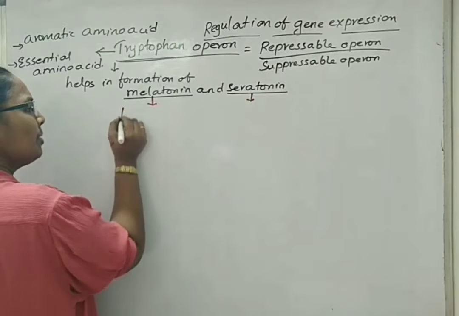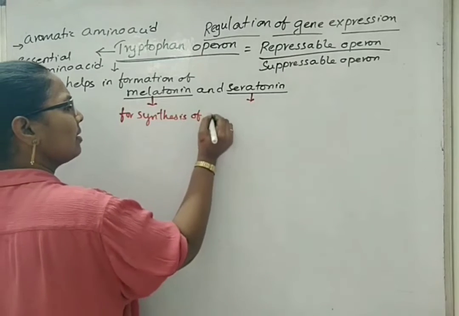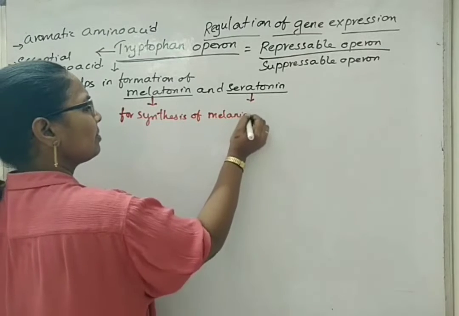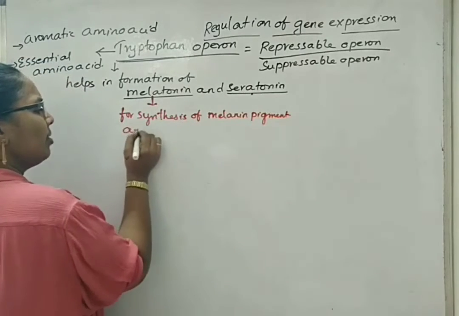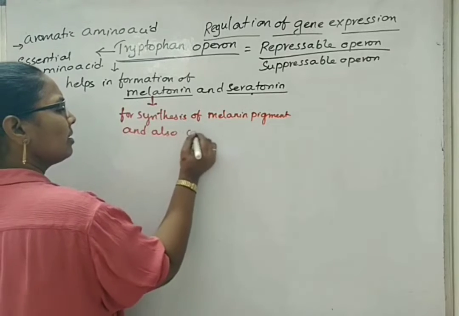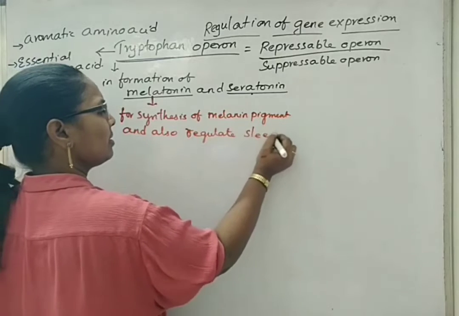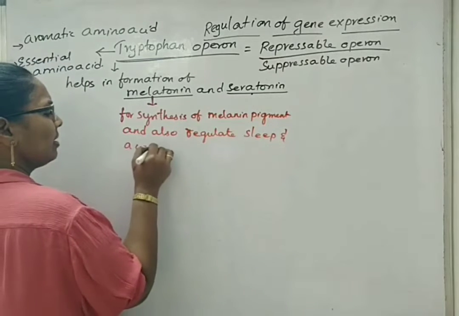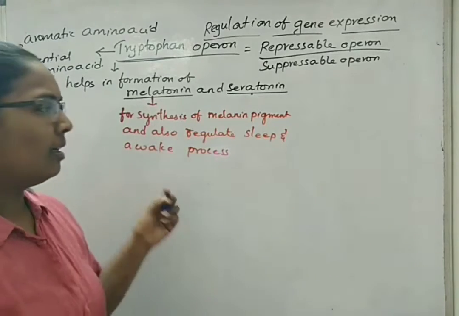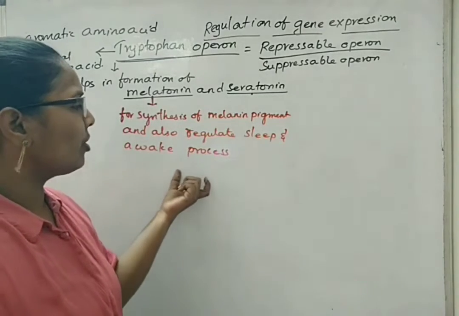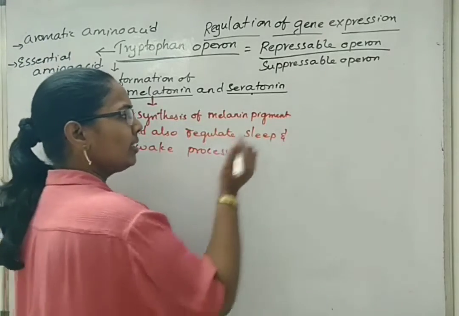So this is responsible for synthesis of melatonin pigment, and it also regulates sleep and awake process. If a person is suffering from sleep disorders, this melatonin will be regulating that. It controls that disorder.